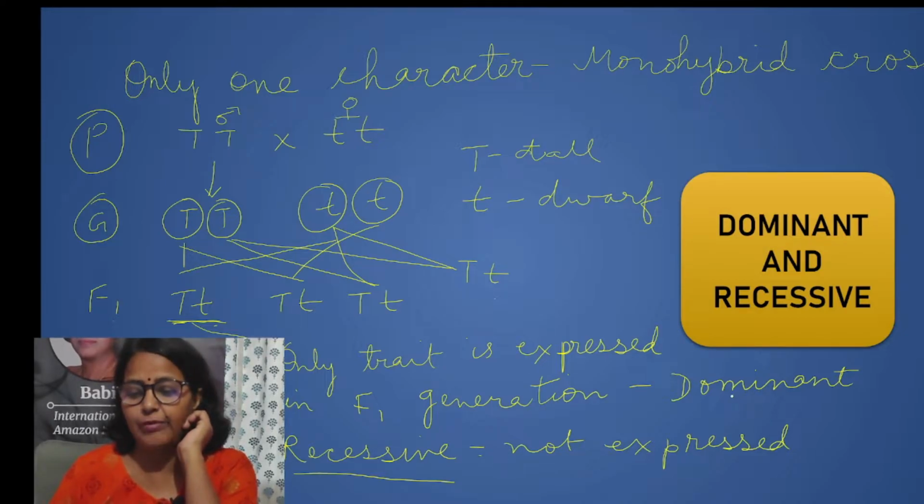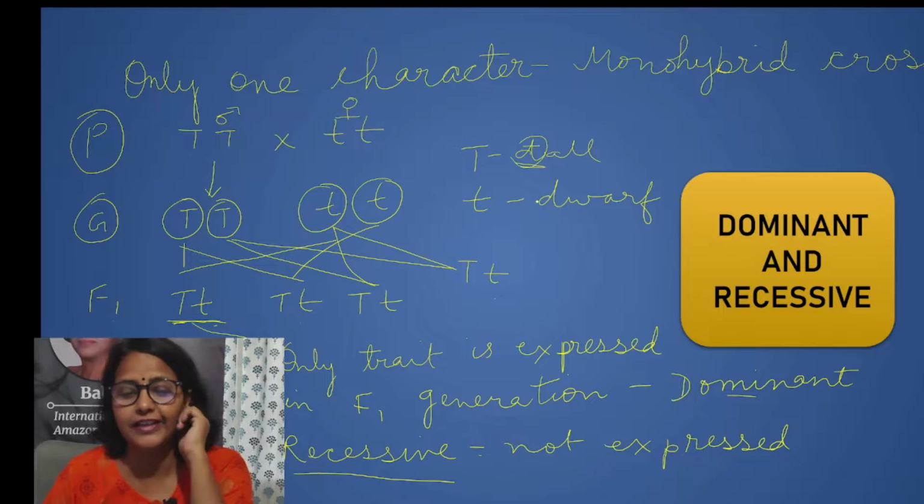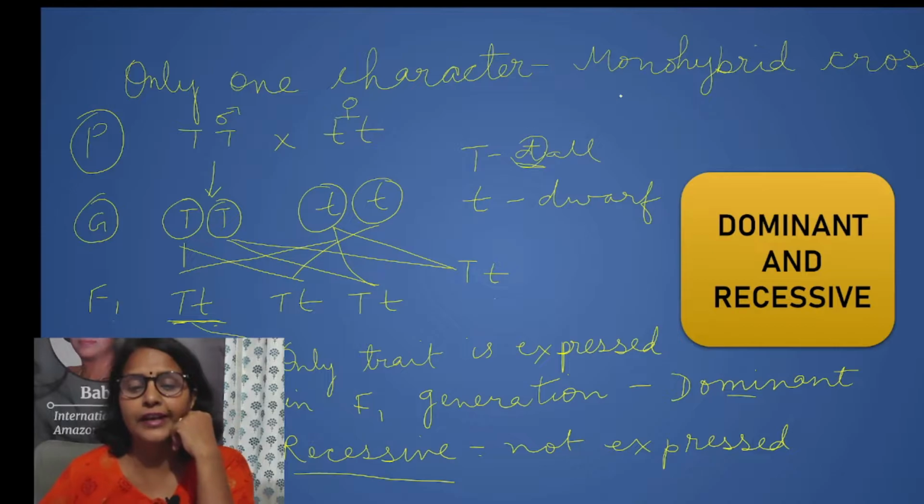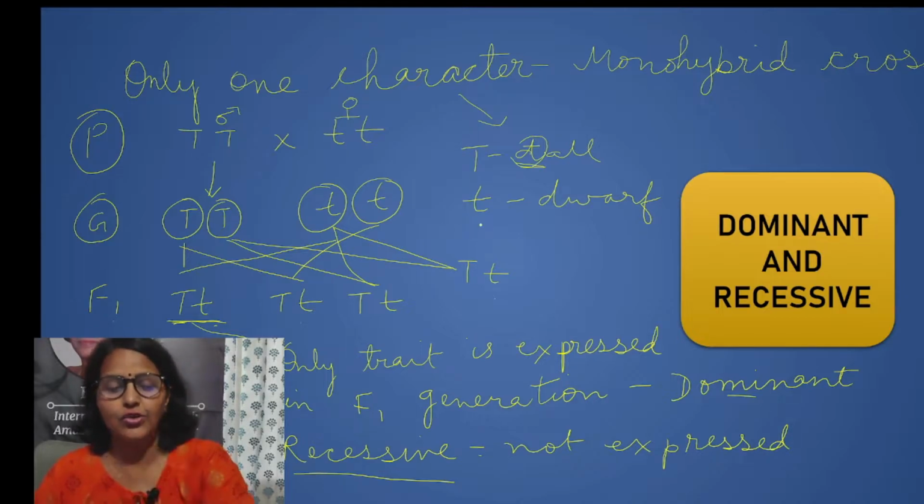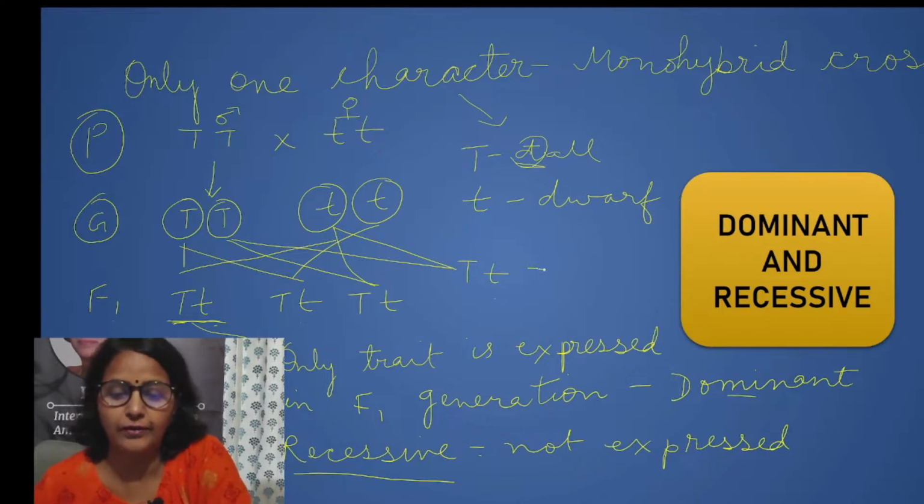The one which was able to express, we took the first alphabet of that word in uppercase, and for the contrasting trait we took the lowercase of the same alphabet. So in the first generation we get only one of the two traits of this one character. The two traits are tall and dwarf, and we get only tall. So all four are tall.